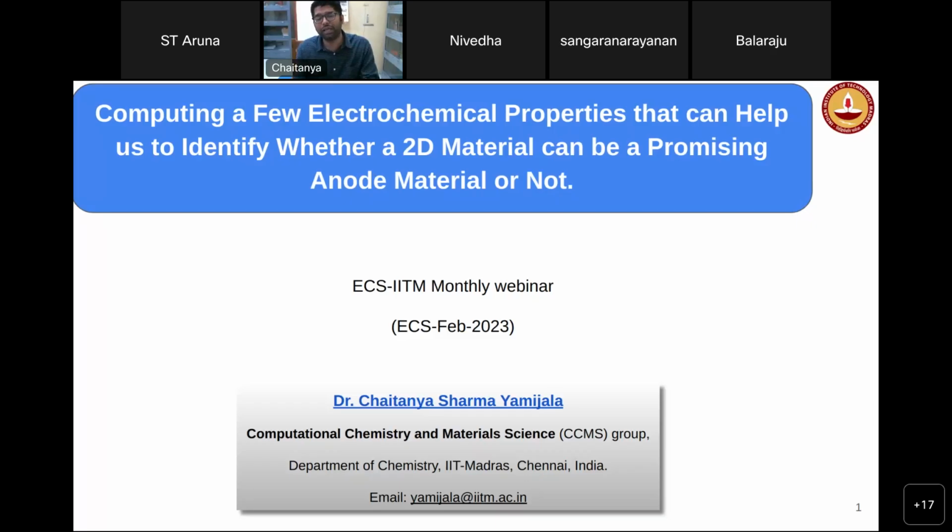Specifically, we are trying to see whether a 2D material like graphene, borophene, or many other kinds of 2D materials available right now, is useful for a specific ion battery, whether it's a lithium-ion battery, sodium-ion battery, etc. That is what we are going to understand by computing a few electrochemical properties. What are these properties, how do we compute them, etc. will be the subject of today's talk.